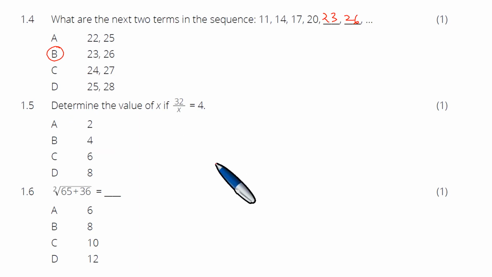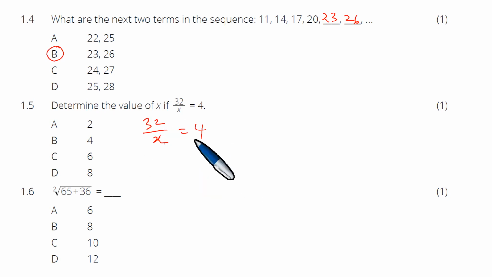1.5, I'm giving you 1 minute. What do you think? You cross multiply here.